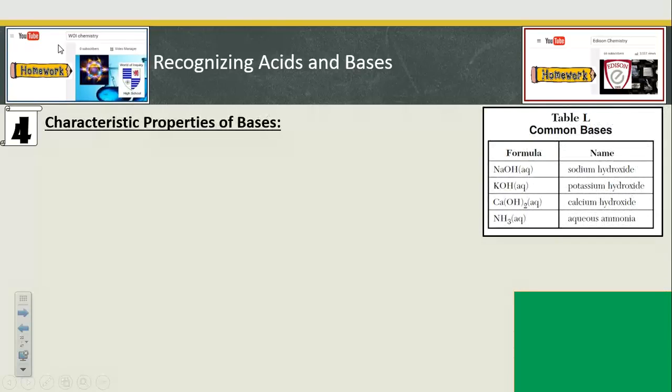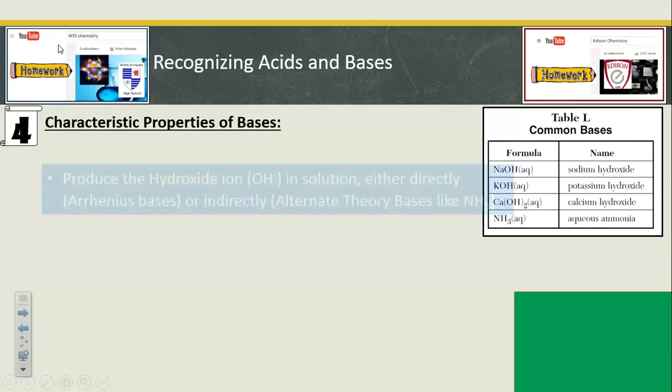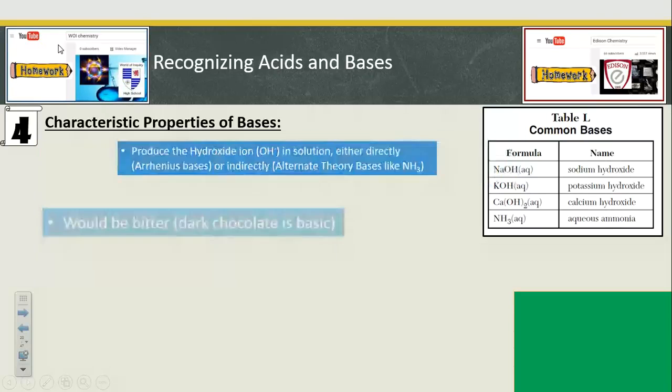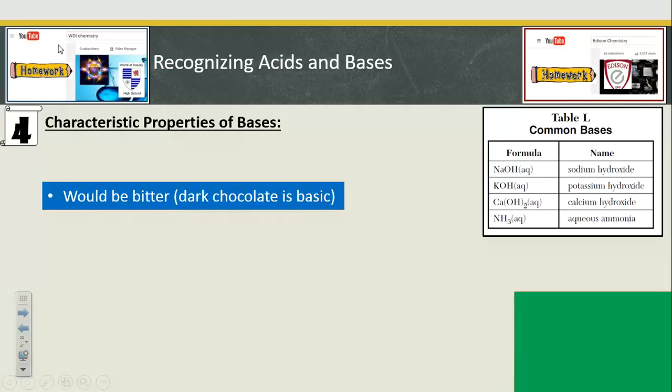Okay. Common bases: there are far fewer, but they all have certain things in common. They produce the hydroxide ion in solution, either directly, like Arrhenius bases do, or indirectly, like Brønsted-Lowry bases, such as ammonia. From the formulas in Table L, you can see they all have an OH in their formula, except for ammonia.